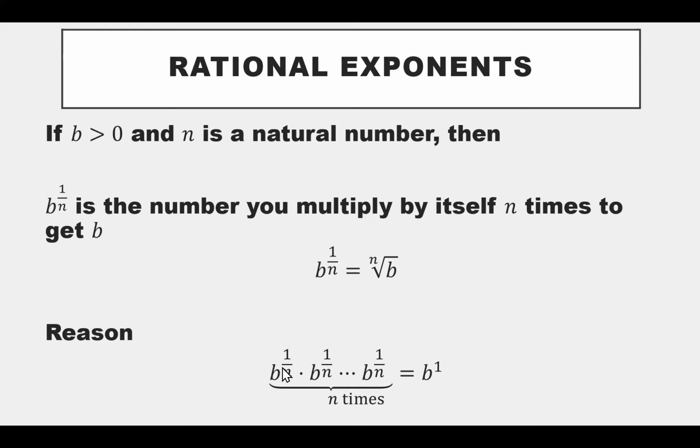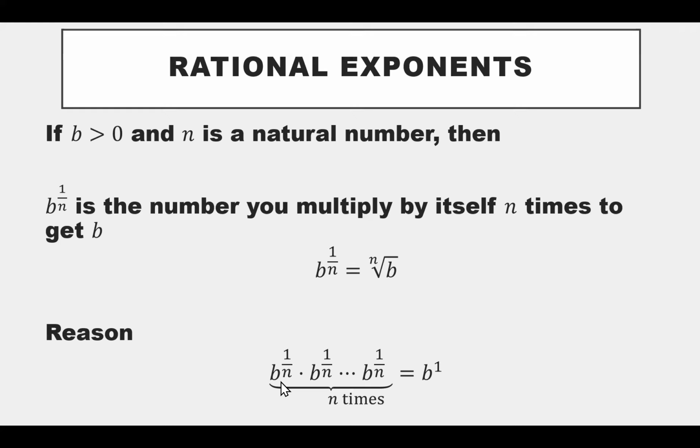So if I do b to the 1 over n times b to the 1 over n times b to the 1 over n, n times, if I add up 1 over n, n times, I get a 1. If I want the product rule to work in this case, this has to be true. And that means if I multiply it times itself n times, I get b to the first, or just b.